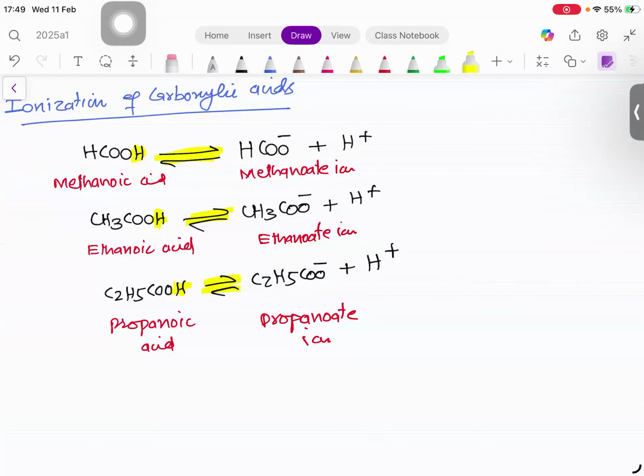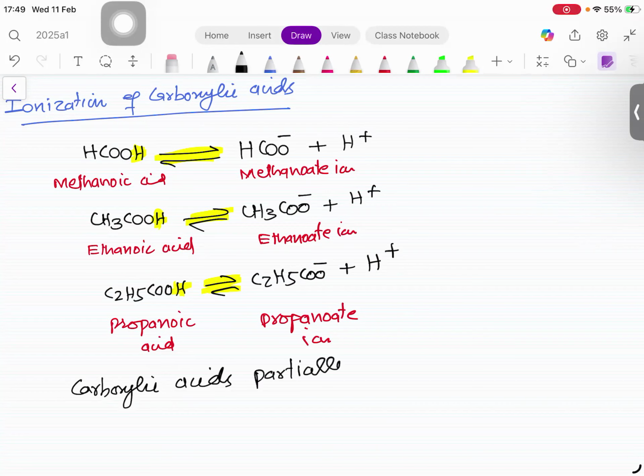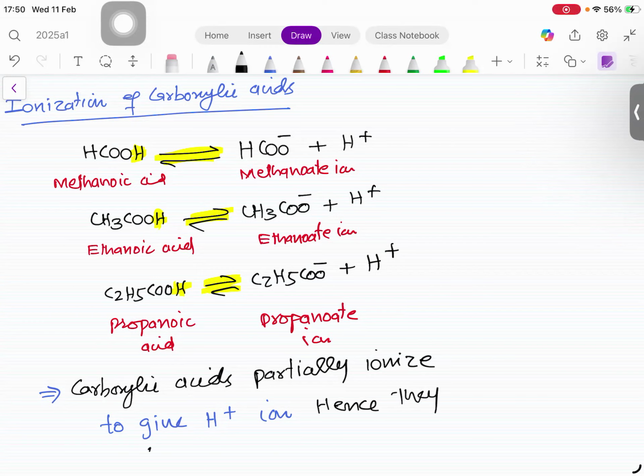So please write down: all carboxylic acids are partially ionized to give hydrogen ions. Hence, they are weak acids.